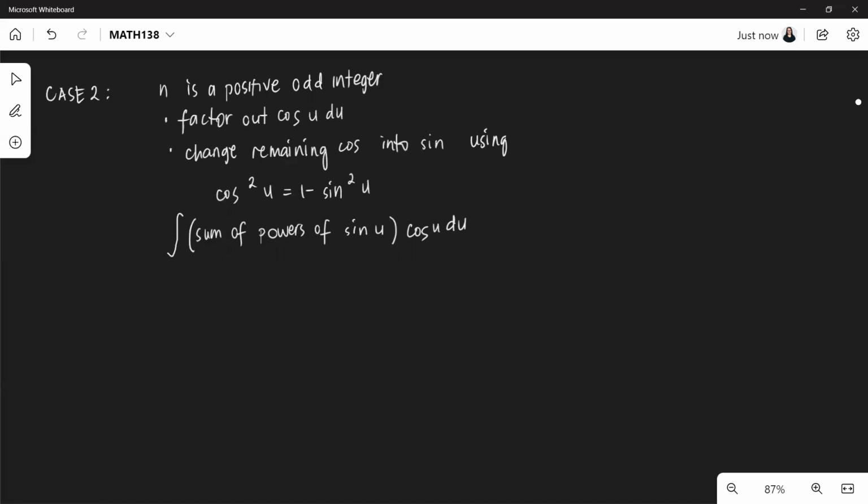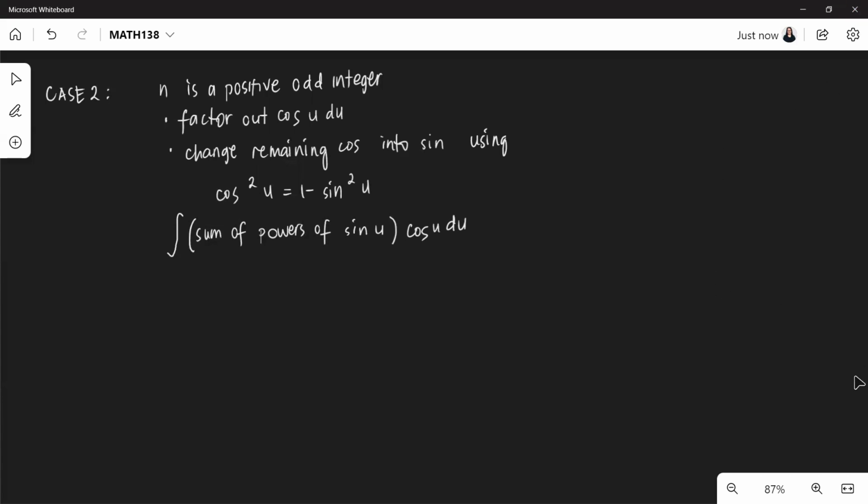The cosine of u du is used to form the differential, so we can proceed to applying the formula, since the derivative of sine is cosine u du.